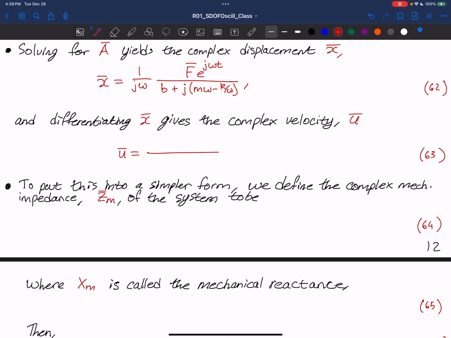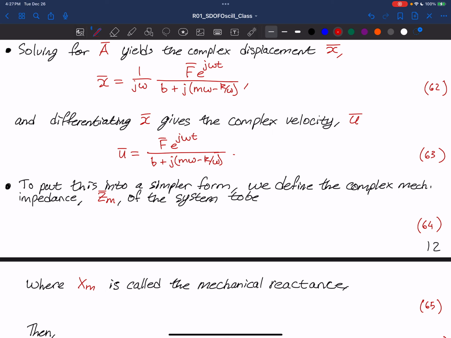Our velocity is going to be F bar e to the j omega t divided by b plus j times m omega minus k divided by omega. So you can see in this case, for the velocity, we lost that j omega in the front.